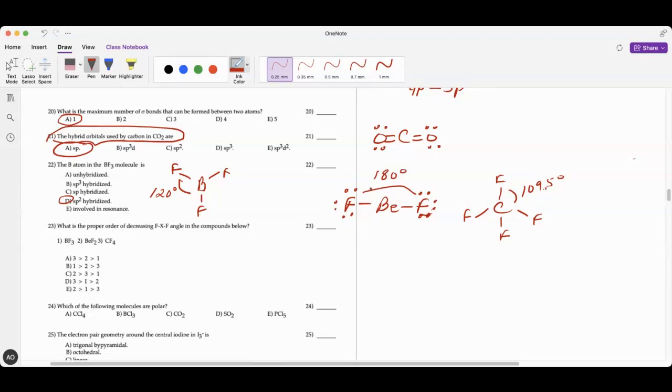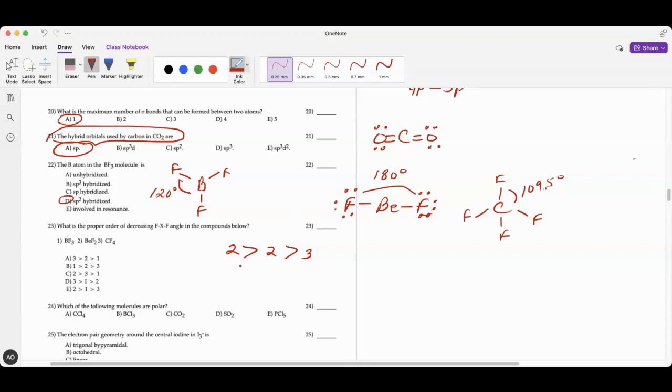So beryllium fluoride has a higher bond angle than the BF3, and that's a greater bond angle than the carbon tetrafluoride.